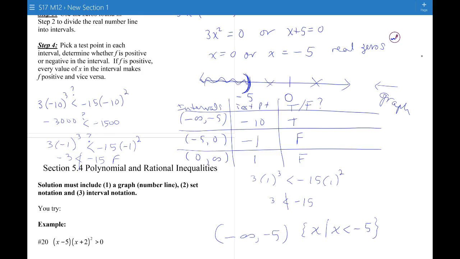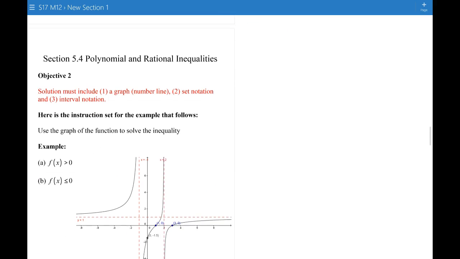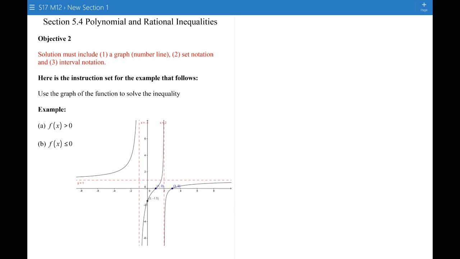So we have a number line graph of the solution set of values of x that make this inequality true. And then we have interval notation and set notation. Okay, so I'm going to let you try the next one in class. And then I want to do one rational inequality. The solution has to look the same: number line graph, set notation, and interval notation.